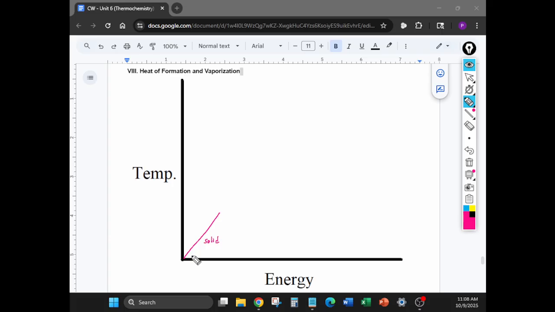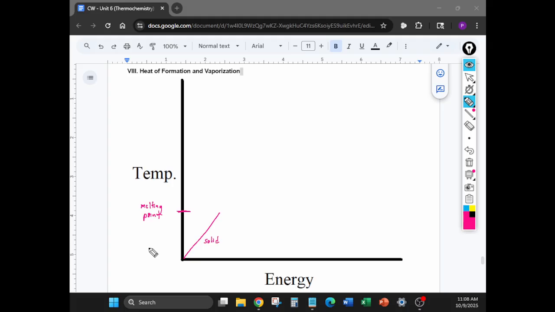What's going to happen is eventually, as you put more and more energy into a solid, it gets to a specific temperature point, and we call that the melting point. This is the temperature at which an object starts to melt. Now, there's an interesting phenomenon once you hit the melting point.